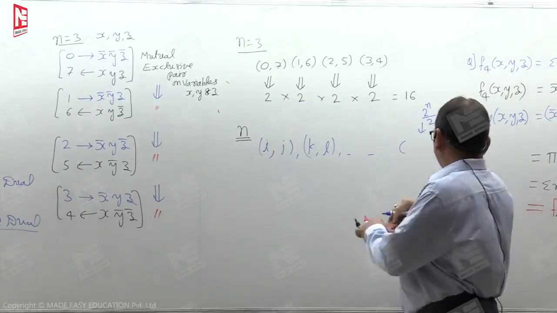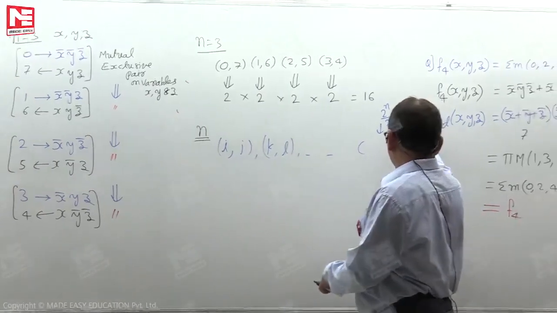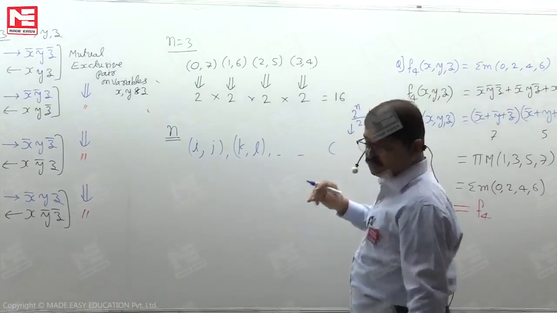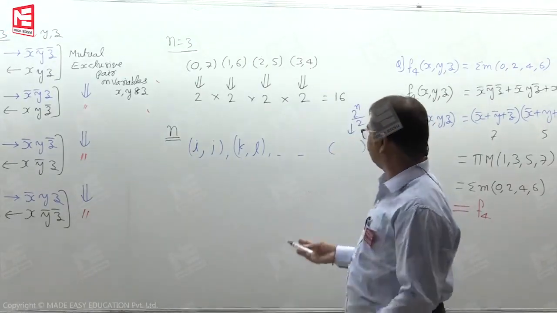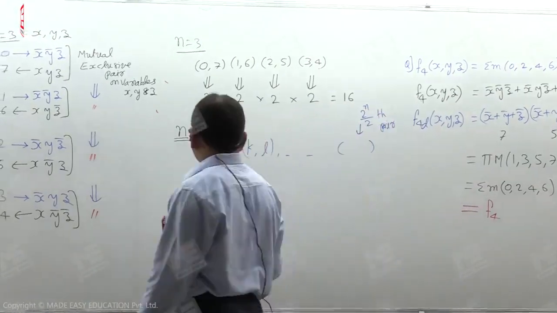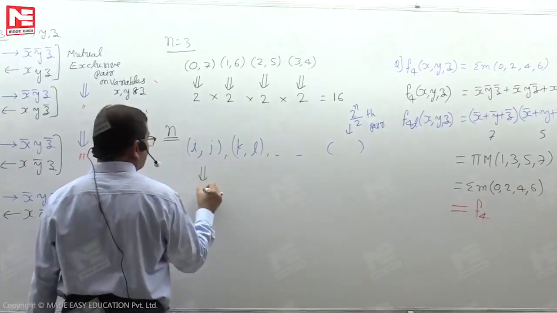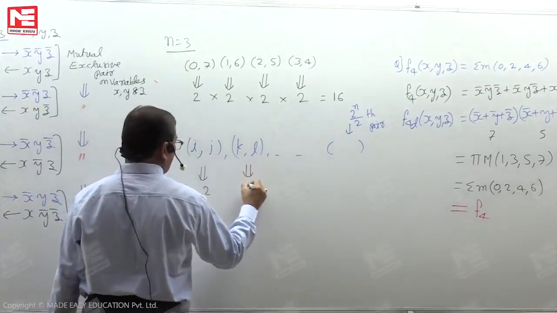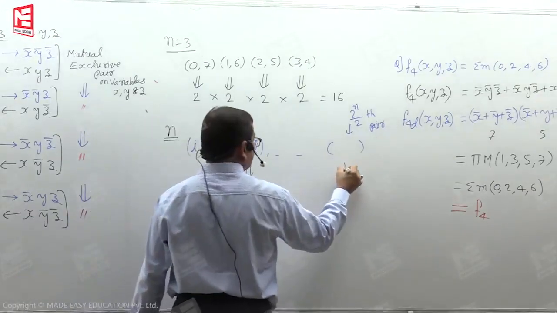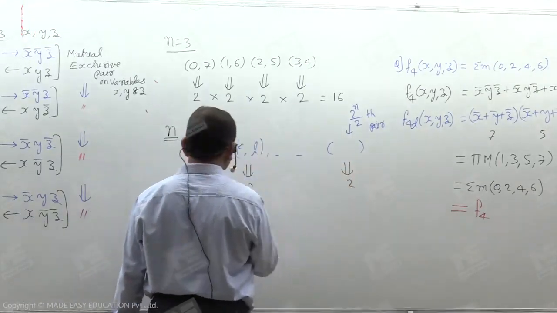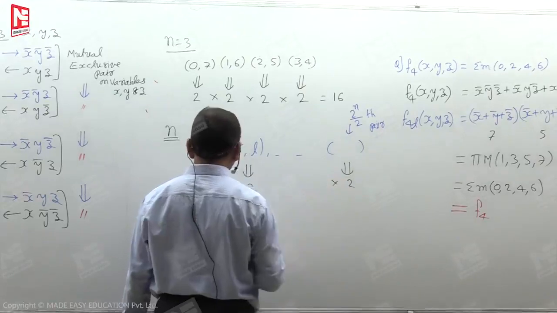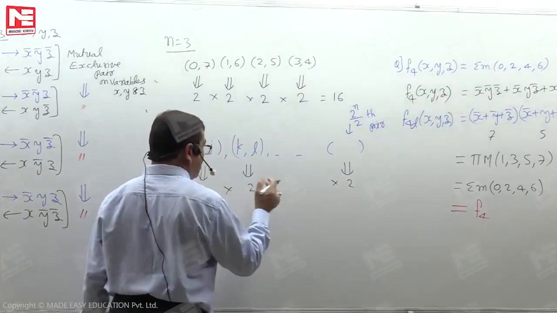So this is the 2 to the power of n by 2th pair. We are looking here at any one combination from each pair. So we have a multiplication of these twos like this. How many times is it multiplied?